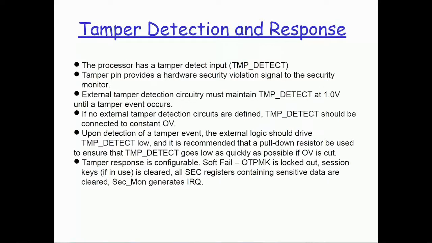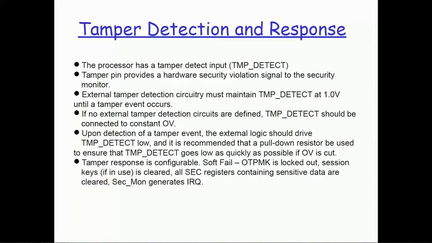So, for the tamper detection part of it, I have a tamper detect pin that is there. That pin is actually exposed out of my processor. That pin basically will have 1 volt continuously coming in until a tamper event occurs.